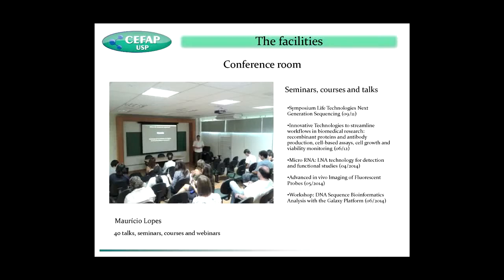So besides all this equipment and the cell culture system, we also have a conference room. In this conference room, we thought, as Paulo said before, that all the users want to discuss with us how the experiment can be made the best and most optimized possible. So we can discuss with them.